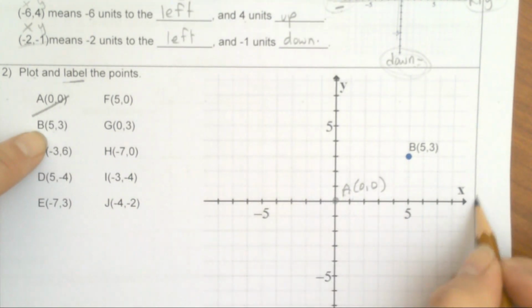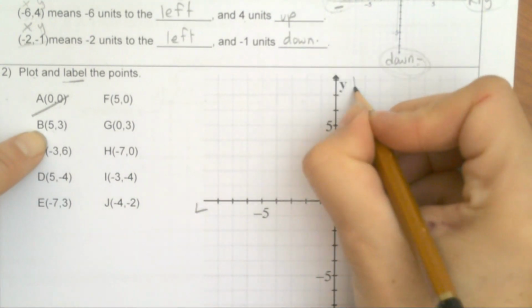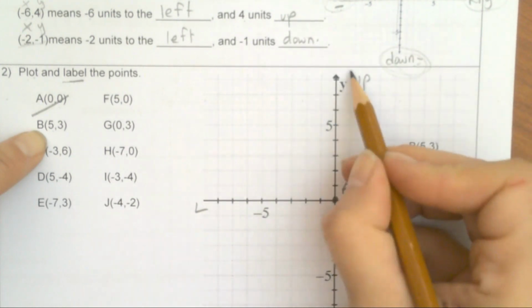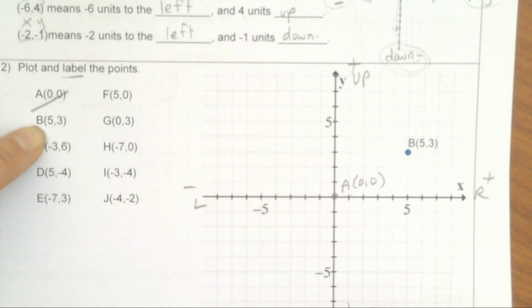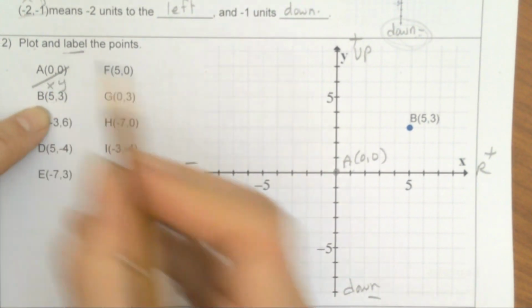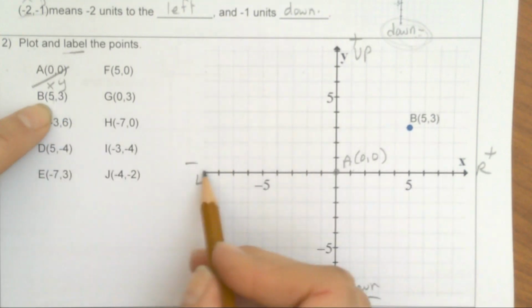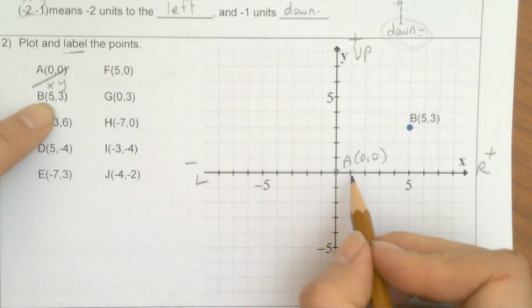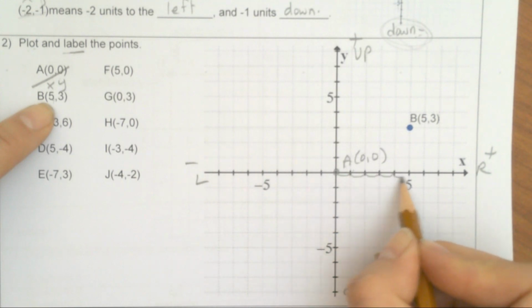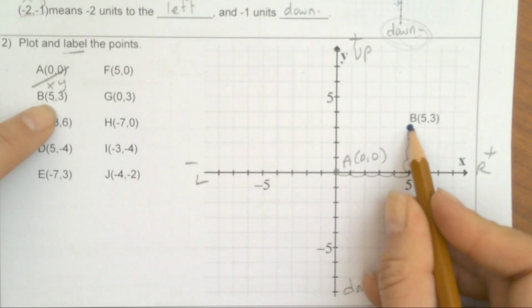So this right, left, up, down. That's positive, positive, negative, negative. Okay, so B, that's X, Y. So we always do left and right first. So it says go 5 right, because it's positive. 1, 2, 3, 4, 5, and up 3. Oh, it's already done for us.